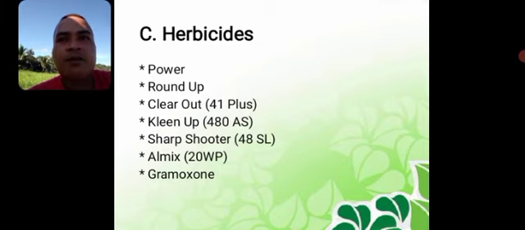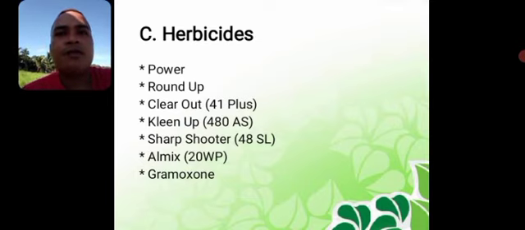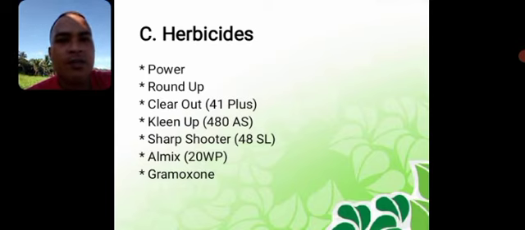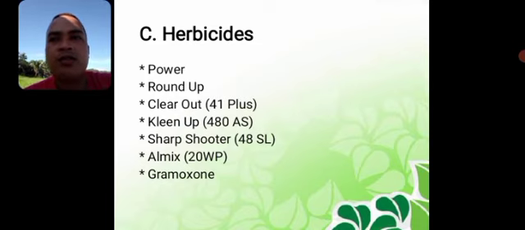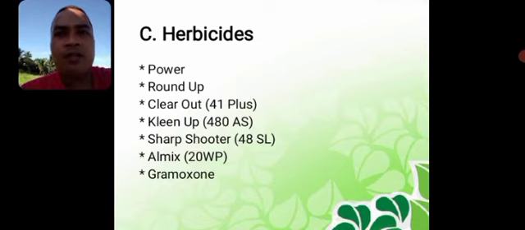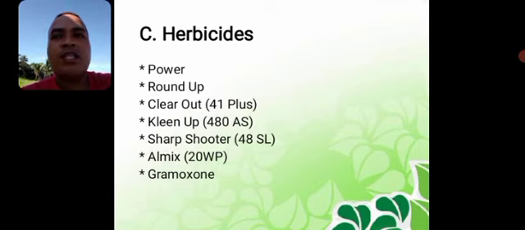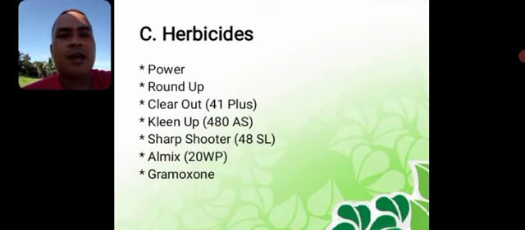This product is effective on broadleaf and grassy types of weeds. Next is Sharpshooter, or 48ASL. It is a non-selective weed killer for use on all weeds and grasses. Next is Almix, or 20WP. It controls a wide range of broadleaf weeds and sedges which are present in rice fields. It is also known as not prone to volatilization and does not harm adjacent crops.